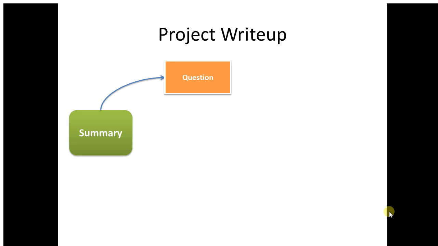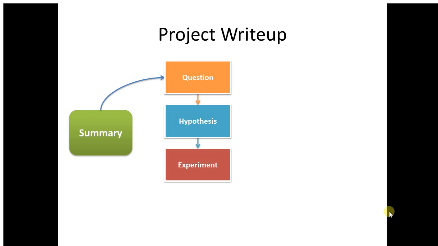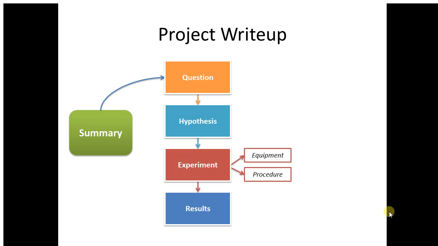So let's talk a little bit about the project write-up and what's expected there. The project write-up is composed of a summary. The rest of the write-up will be comprised minimally of the research question for the project, the hypothesis for the project, the experiment or experiments that were done within the project, including equipment, procedure and data collection information, as well as the results of the project.